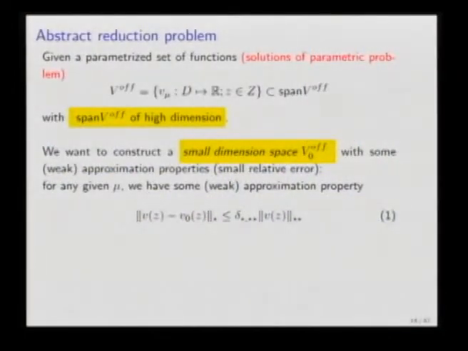For example, I have a solution, and I want to reduce the dimension of that set or that linear space, for instance, right? So I want to construct a small space with some approximation properties, so that for each value of the parameter, which should be mu here, sorry, I have a coarse representation in that space or in that submanifold with some relative error that is small. That's the abstract way we think of the problem.